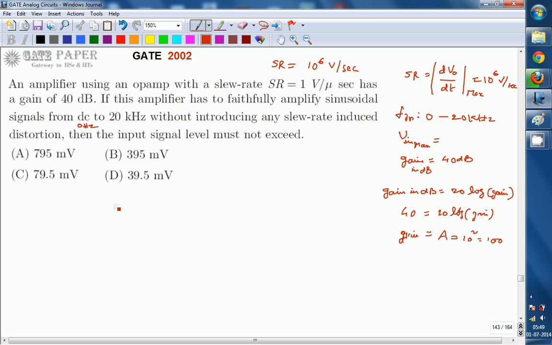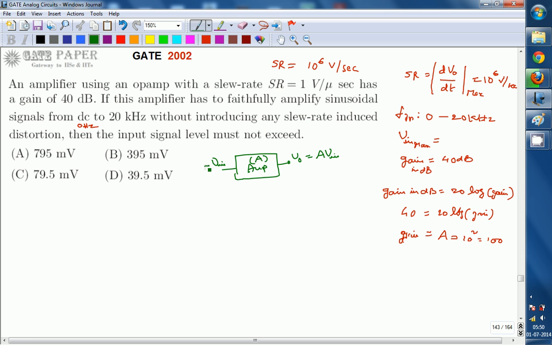Now we will see how to calculate the slew rate of an amplifier with sinusoidal input. Let us assume an amplifier with gain A. V naught is A times V input.